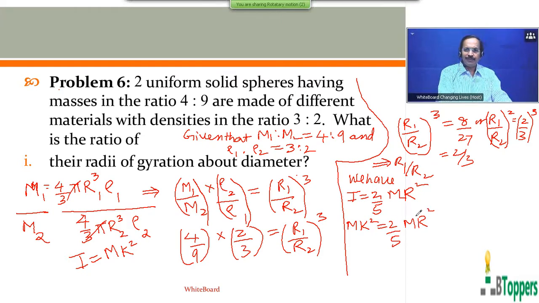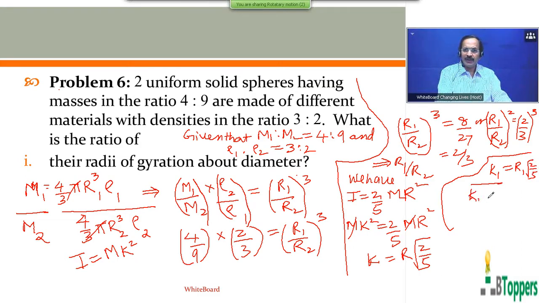So you get k square equal to 2 by 5 r square, or k equal to r into root of 2 by 5. So the radius of gyration of the first sphere about its diameter can be written as k1 equal to r1 into root of 2 by 5.